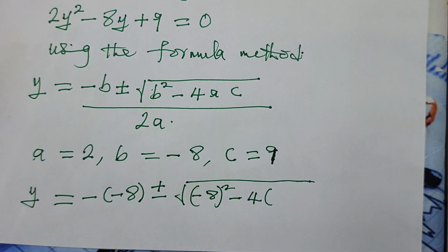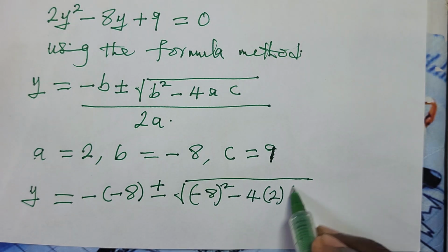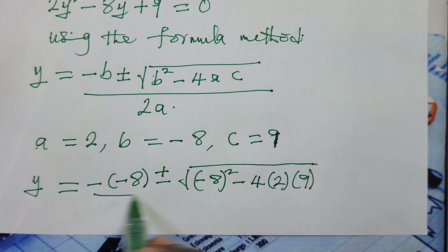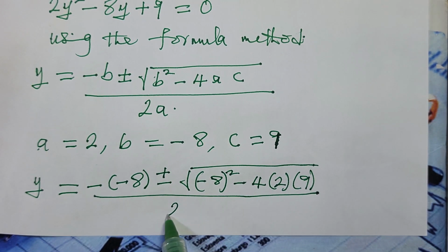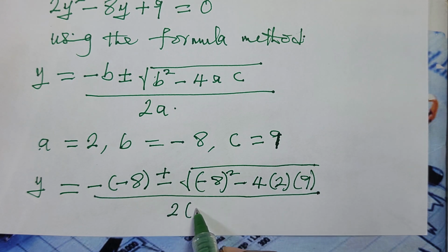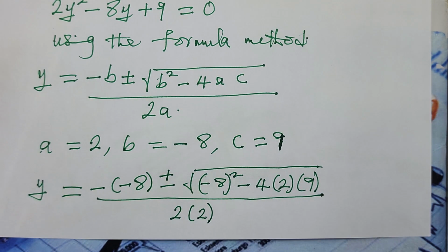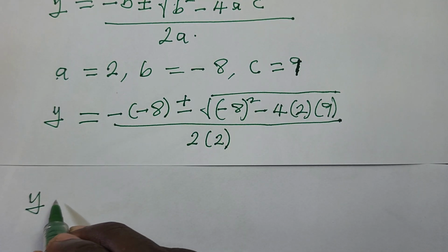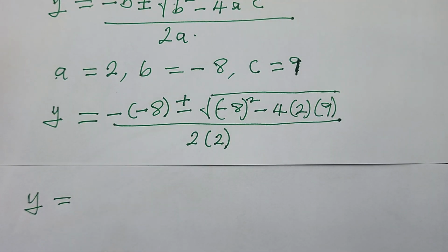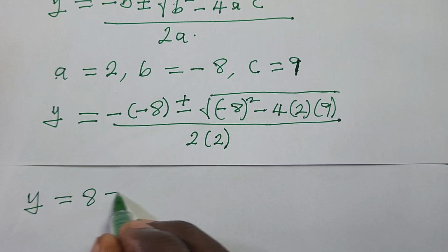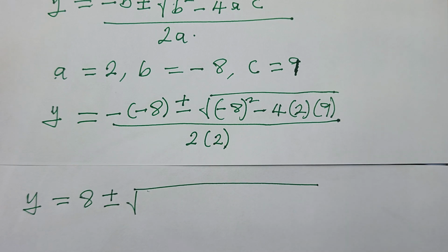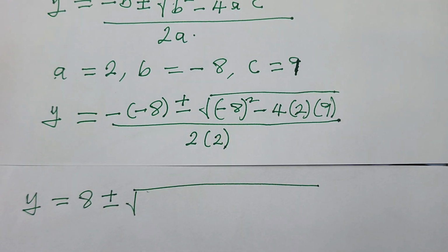Our a is 2, close bracket, into our c, plus 9, close bracket, everything all over 2 into 2, close brackets. I believe there's no confusion here, right? So y will now be equal to minus times minus, which gives us positive 8, plus or minus the square root. The square of minus 8 gives us plus 64.